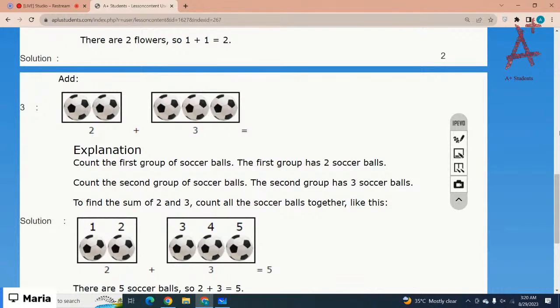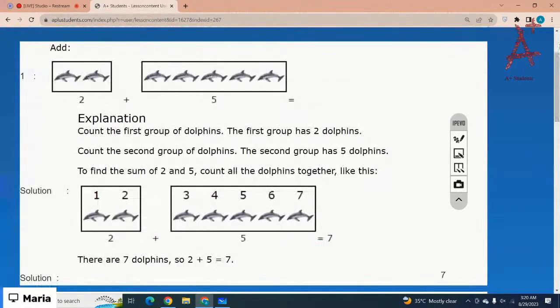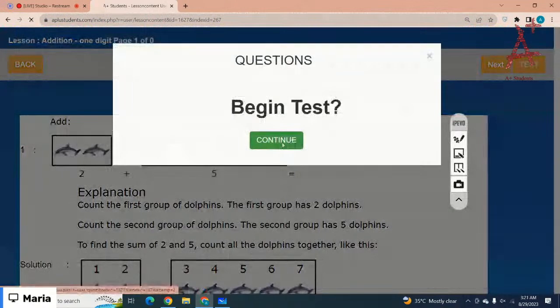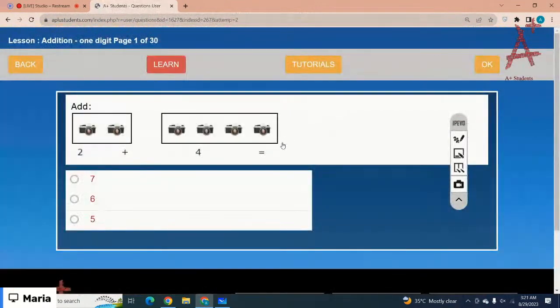Let's just start with the practice questions. Add. So, which is the correct option? When you add them together they make 6.